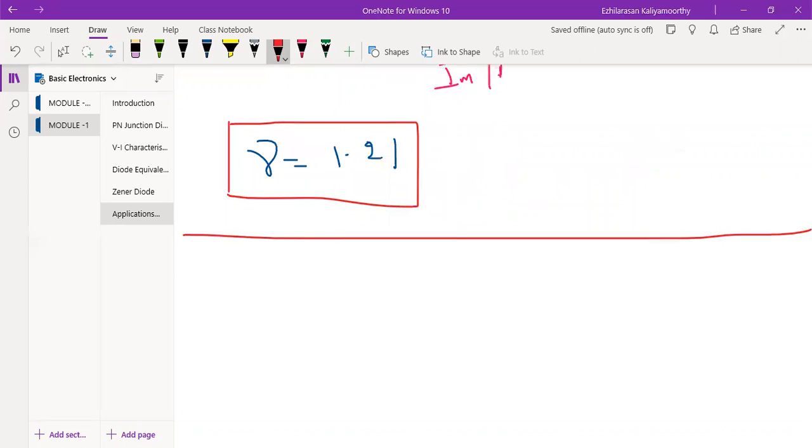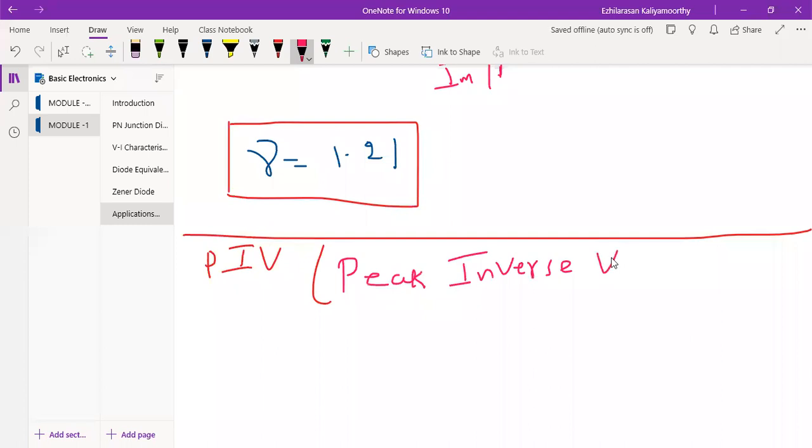The next thing we need to know is the peak inverse voltage, called PIV. Even this is one of the terms.